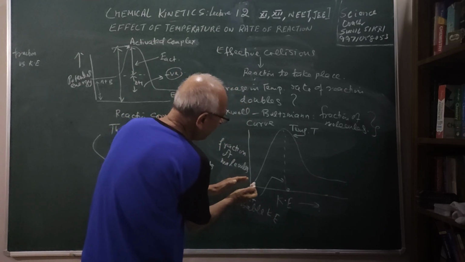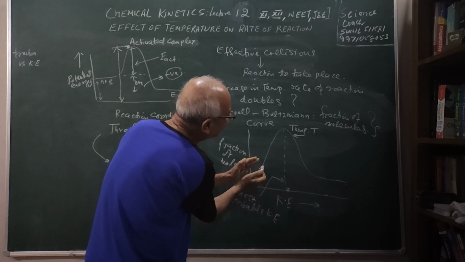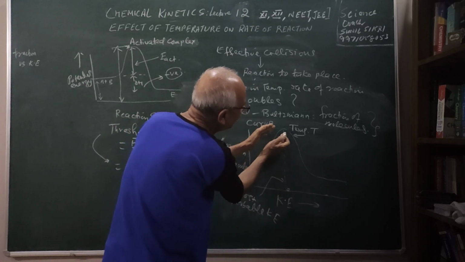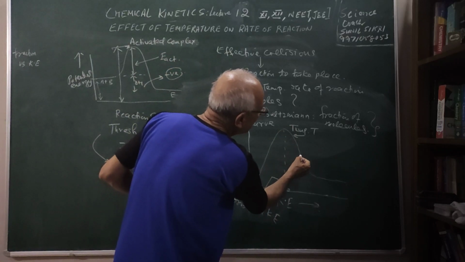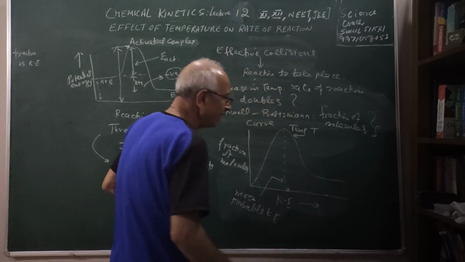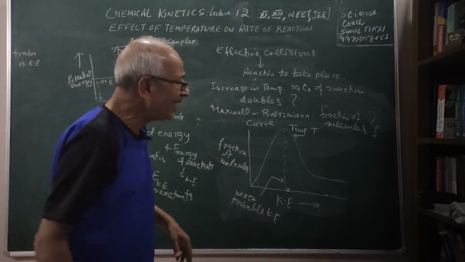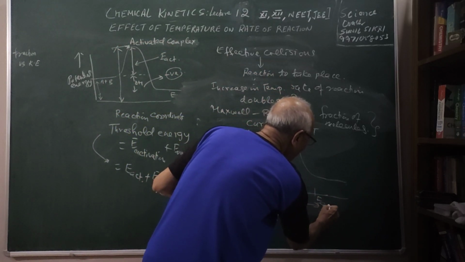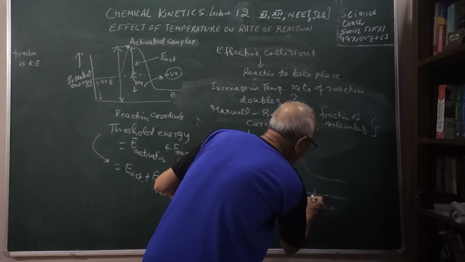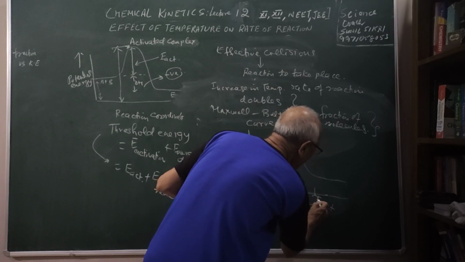So here the fraction of the molecules is increasing, then it rises to the most probable kinetic energy. Then the fraction of the molecules falls with the kinetic energy. But you know the requirement is the molecule should have energy equal to the activation energy.